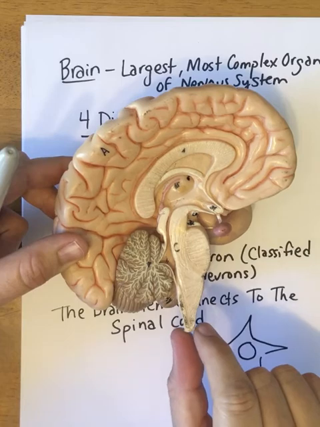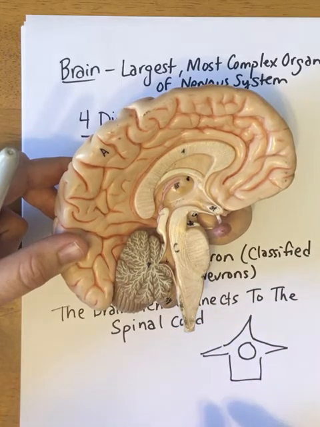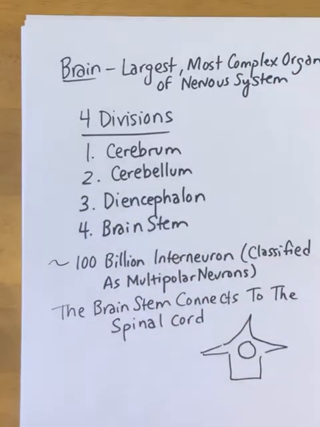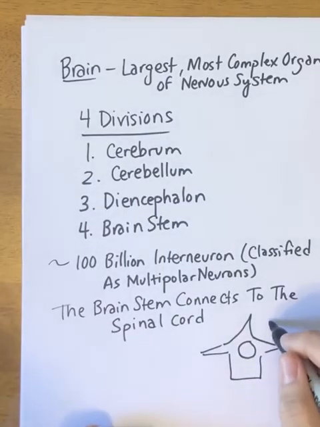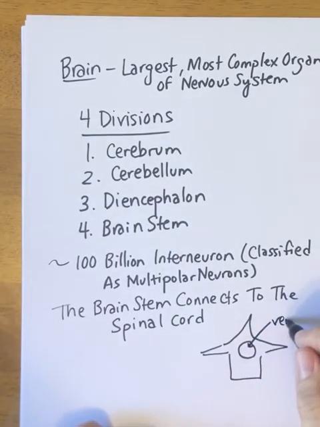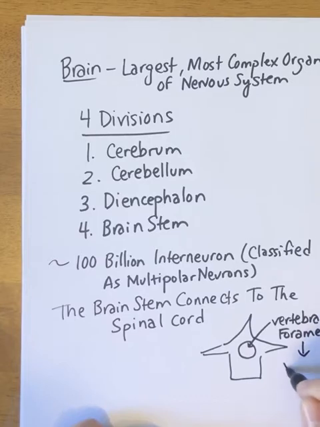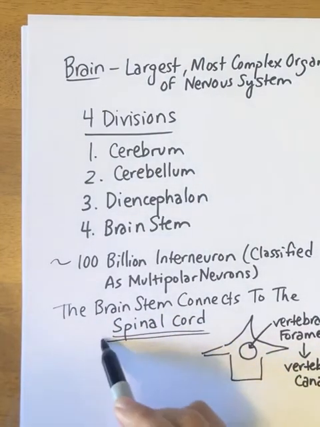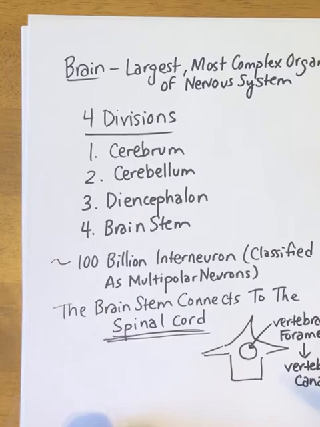It's going to exit the foramen magnum and it's going to become the spinal cord. And the spinal cord is going to travel in the vertebral foramen, which we call the vertebral canal. It's the same thing. So we will talk about the spinal cord as being a part of the central nervous system.